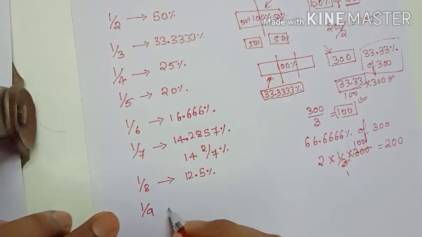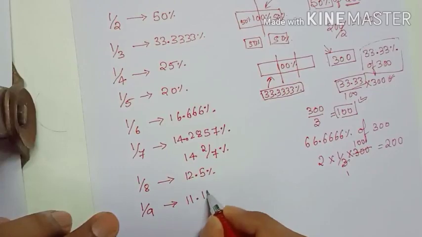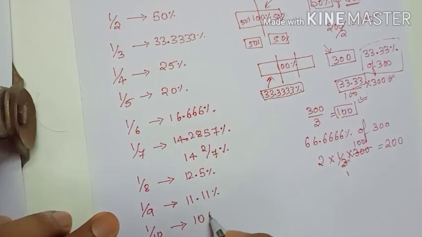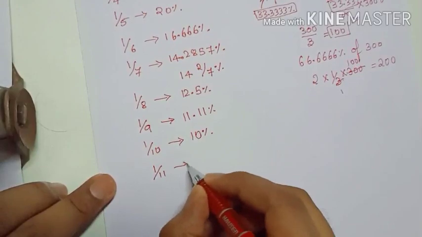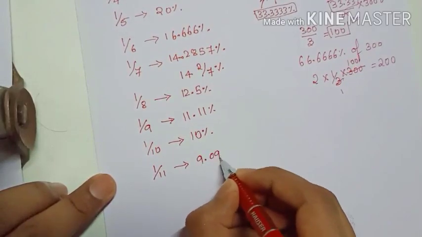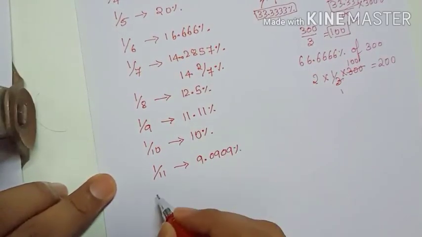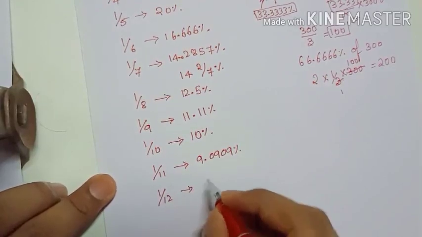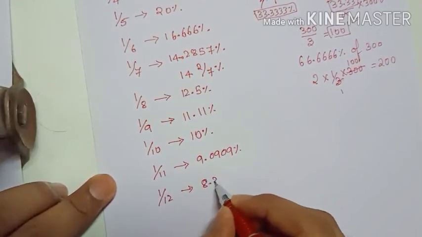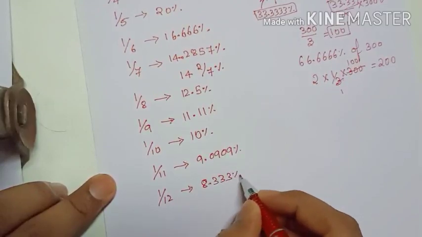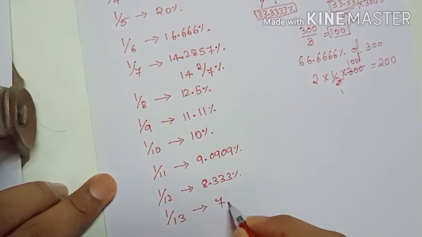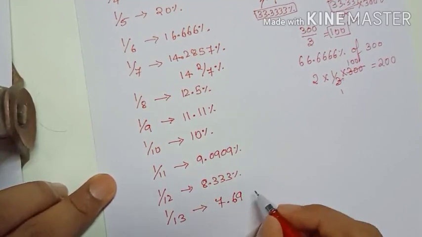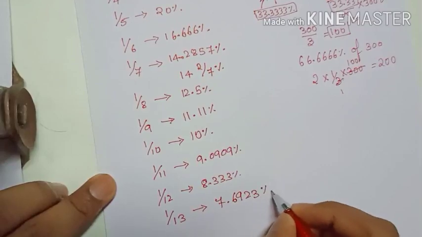So for 1 by 9, here we have 11.11%. 1 by 10, yes, you already know this, that is 10%, right? 1 by 11, this time it is 9.0909%, and 1 by 12 it is 8.333%. 1 by 13, so for 1 by 13 it is 7.6923%, right?